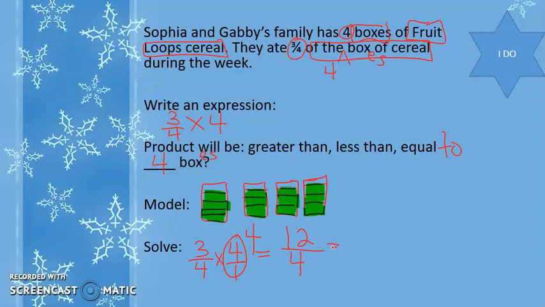We're going to ask ourselves, how many times could 4 go into 12? 4 goes into 12 3 times. So we know that if we were to see how much of the boxes of cereal they ate during the week, we could say that they actually ate 3 boxes even.